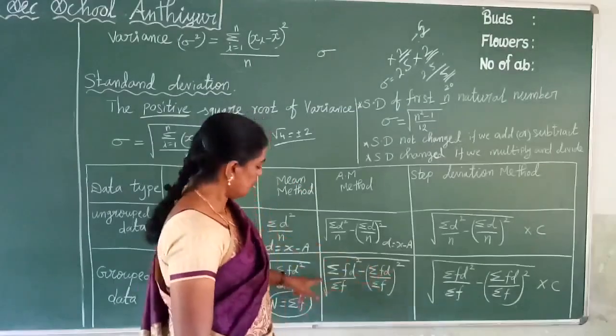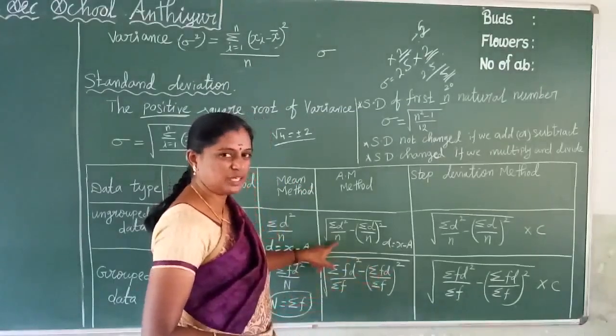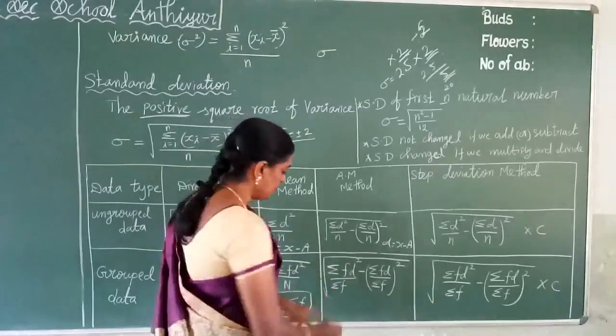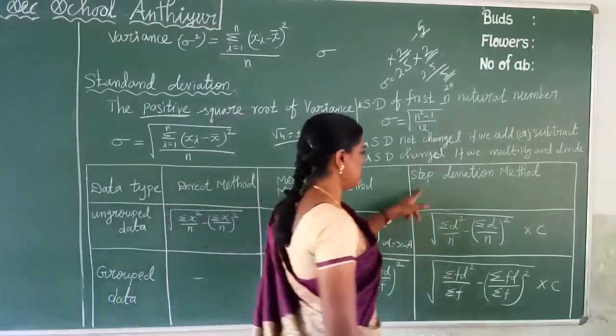Clear? So here n, that is, for separate numbers, means number of observations only. Here there is frequency, that's why we add all the frequencies. N, both are the same.